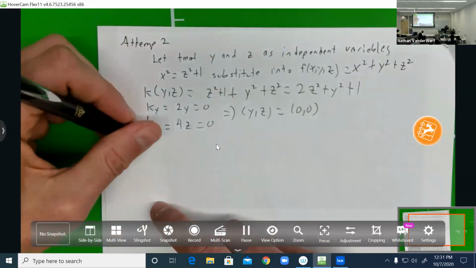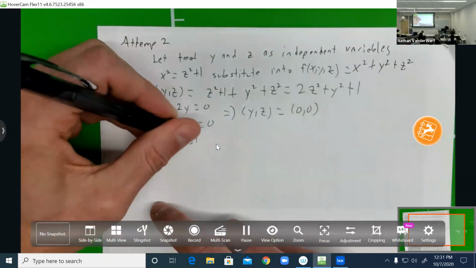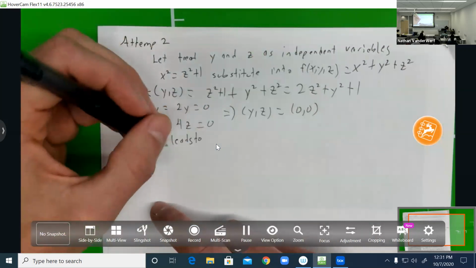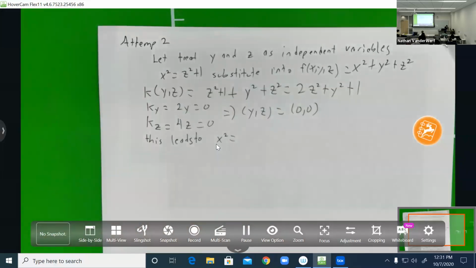Well, y, z equal to 0, 0 is totally okay, that's a point that is on this cylinder x squared minus z squared equals 1 this time. So we don't have the same problem as last time.